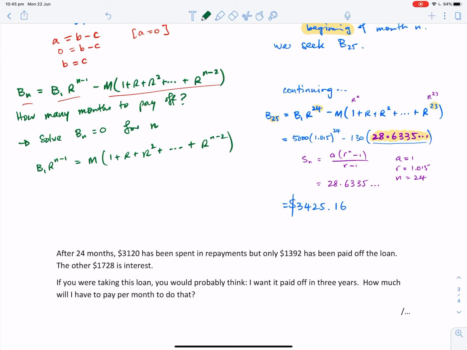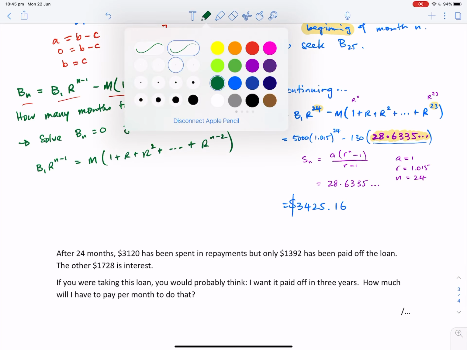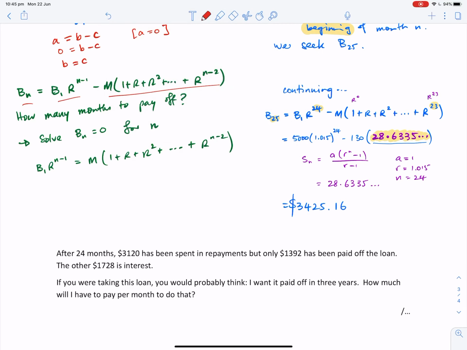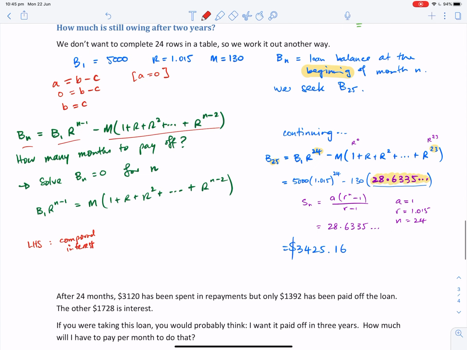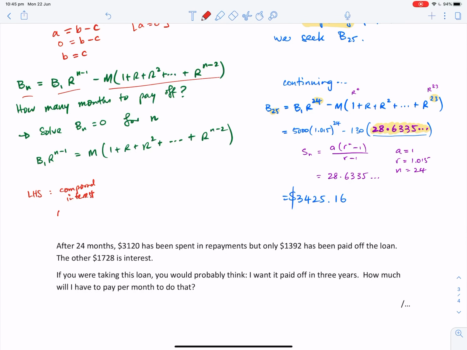This is very nice. There's a very nice insight here. On the left-hand side is compound interest. Our B1 was $5,000. That was the loan amount. And the right-hand side is the kind of calculation that goes with a savings plan.